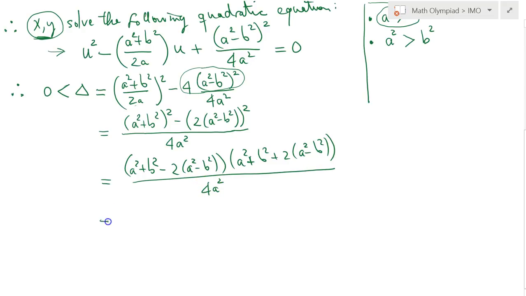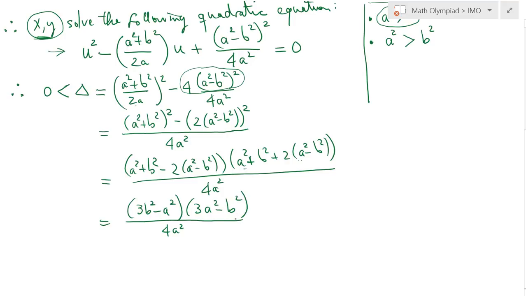And just the last step, hopefully we have the 4a², and so this one would give me 3b² here minus a², and from the second one I'll have 3a² minus b².